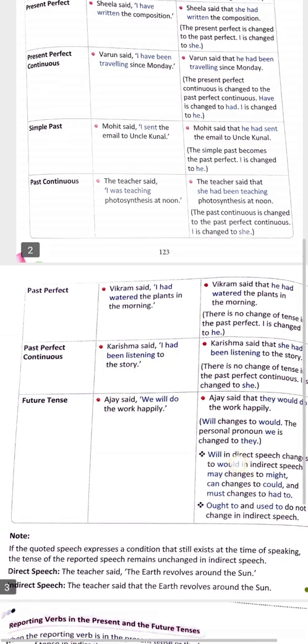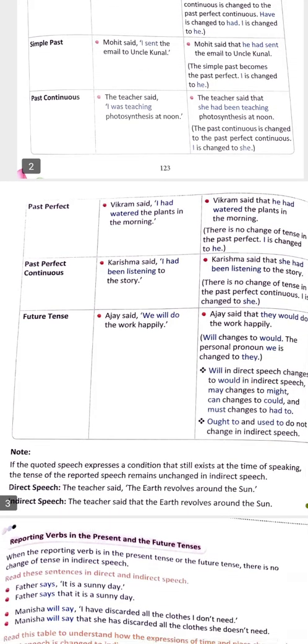And if we have the past continuous tense, then we just have to change according to our tense. For example, if it's in past continuous, then we will change it into past perfect continuous. If it's was or were, then we will change it into had been.